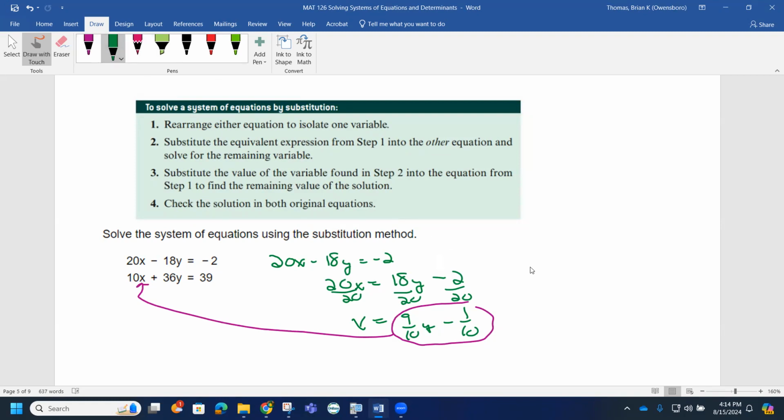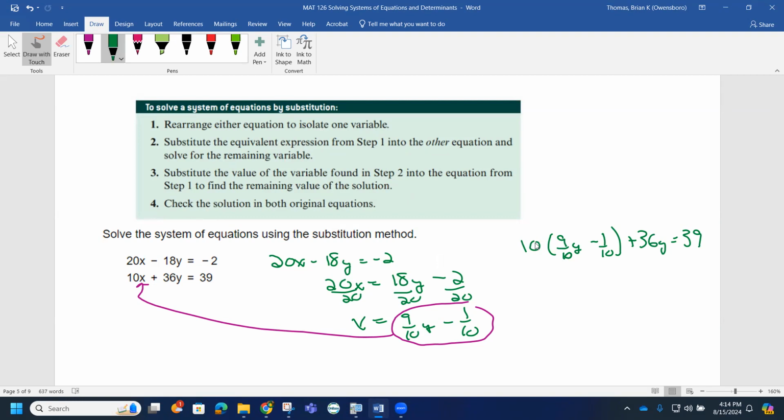So as I move forward, this 10, and then this x is going to get replaced with 9/10 y minus 1/10, plus this 36y equals this 39. When I multiply through, notice that the 10s will cancel out.